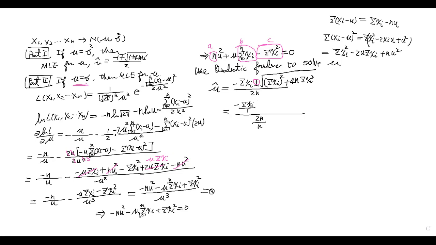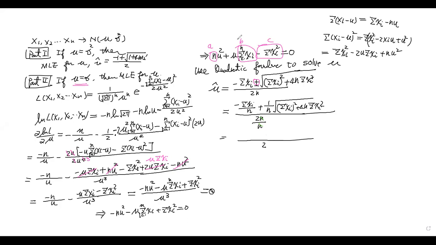It's the summation of xi over n. Then plus, like we talked about, because mu equals sigma, we only take the positive one. So this is 1 over n times the square root of the summation of xi squared plus 4n summation of xi squared. Now the bottom and the n, so you get 2.